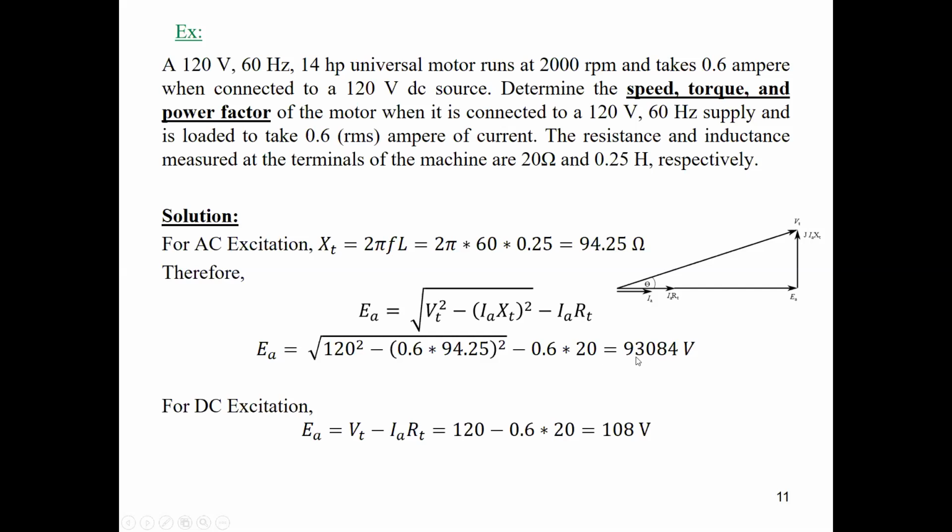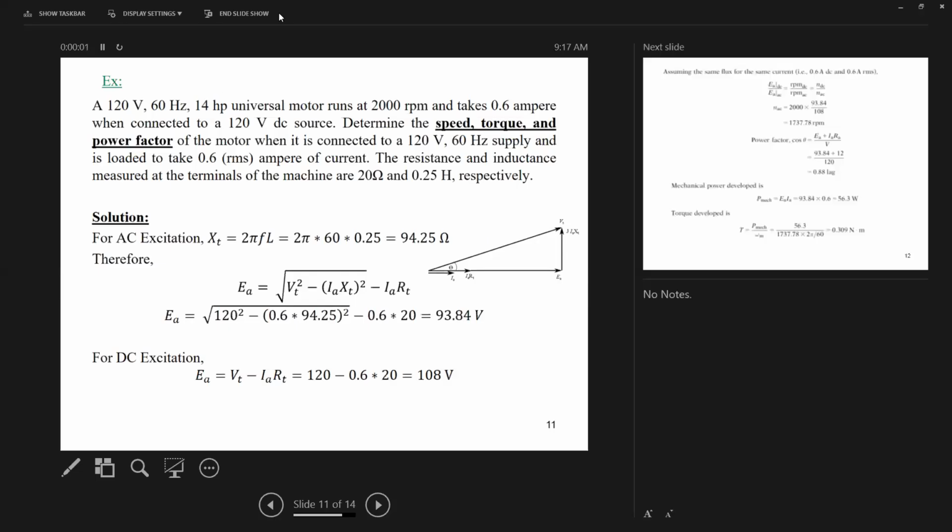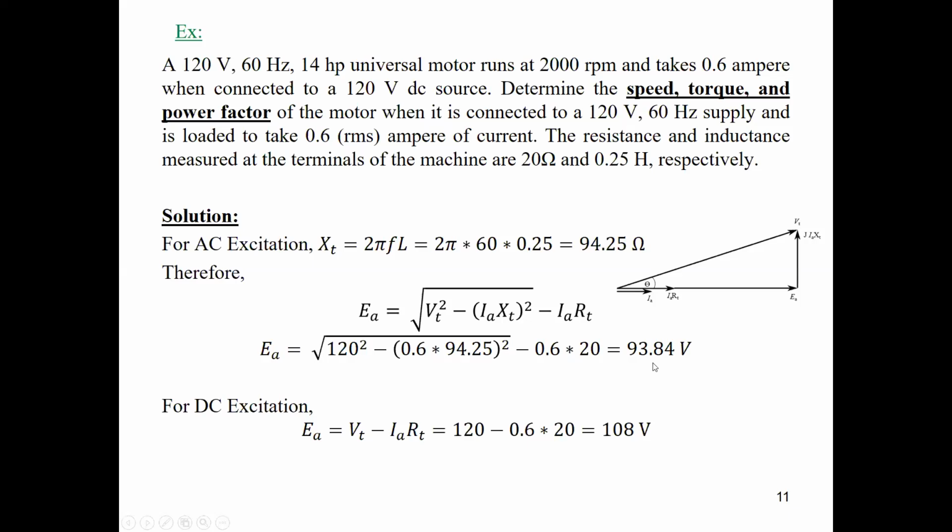Sorry, it should be 93 point, not 93 Z. So let me correct it now. So this is decimal points. This will be the value of EMF here.